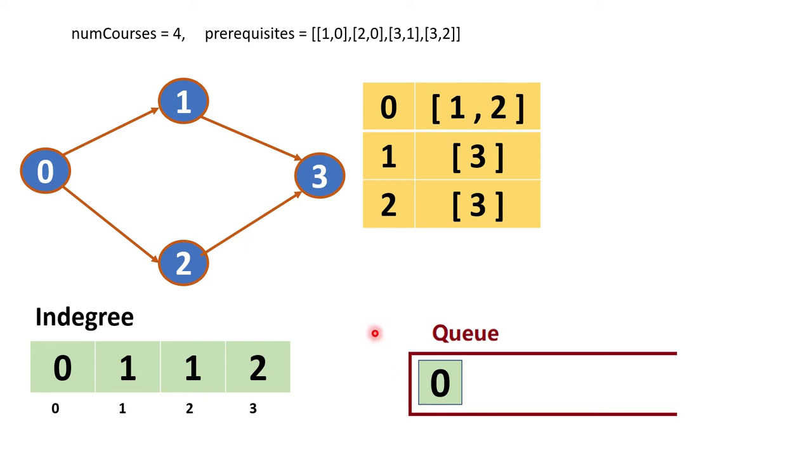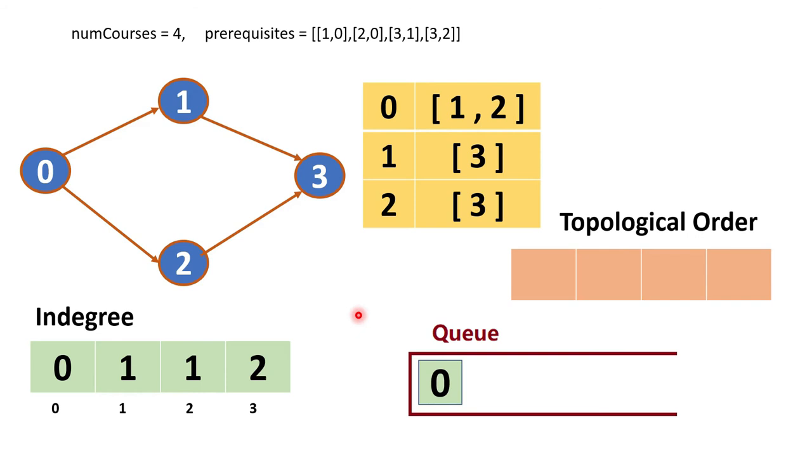Then we have to define one array which is known as topological order, or any name you can provide, that will just hold the result. At the end of the solution we will get one result, which will be the same as the number of nodes.